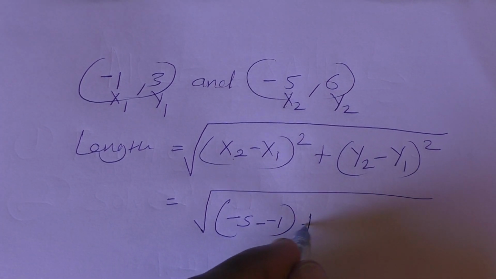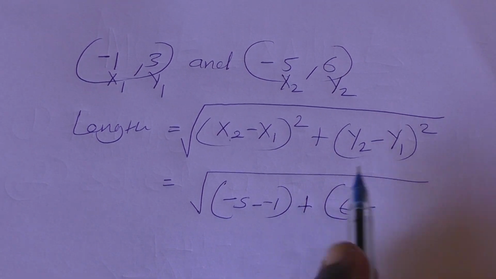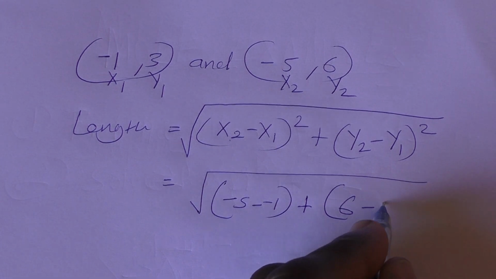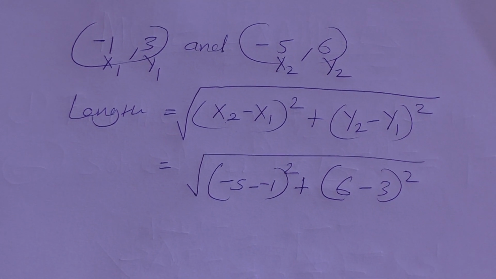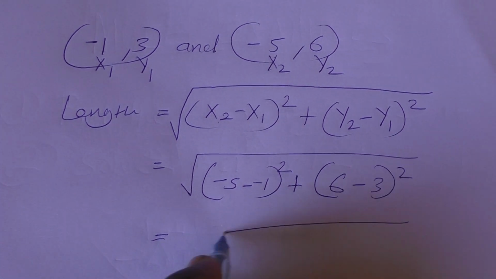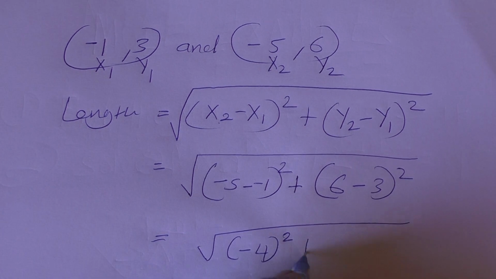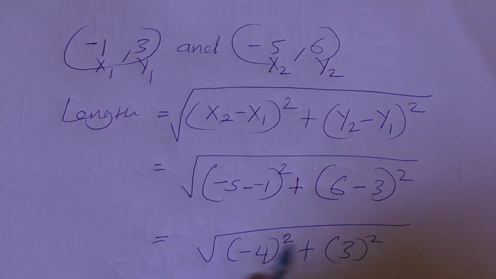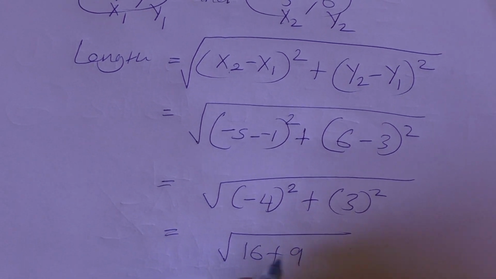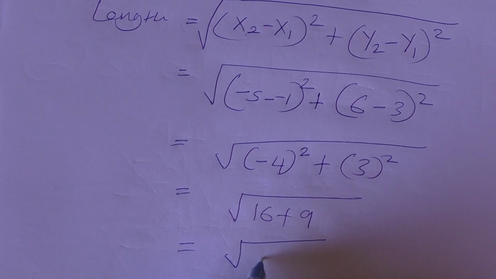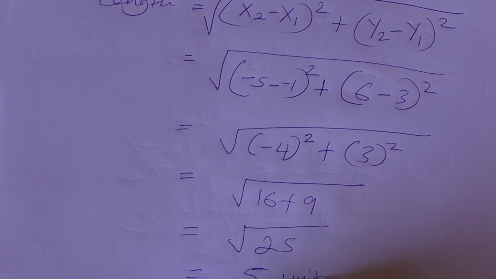And then plus, where there is y2 we write 6, minus, where there is y1 we write 3, squared. So that we end up with the square root of negative 4 squared plus 3 squared, which is the square root of 16 plus 9, giving us the square root of 25, which is 5 units.